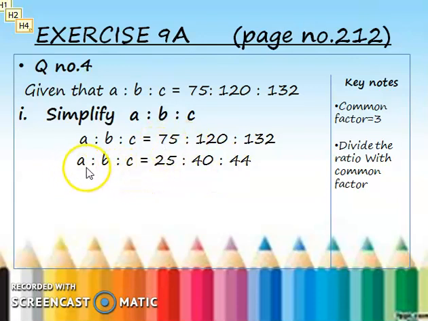We can write the simplified ratio in this form: A ratio B ratio C is equal to 25 ratio 40 ratio 44. So this is the simplified form of the above given question. Clear till now? Okay, fine, we have to move forward.